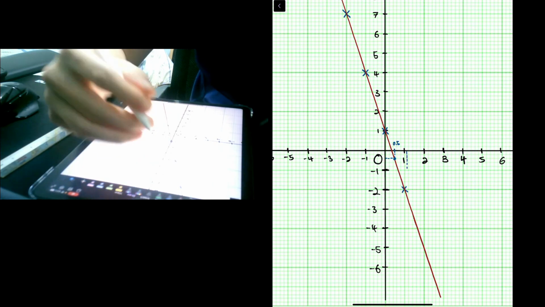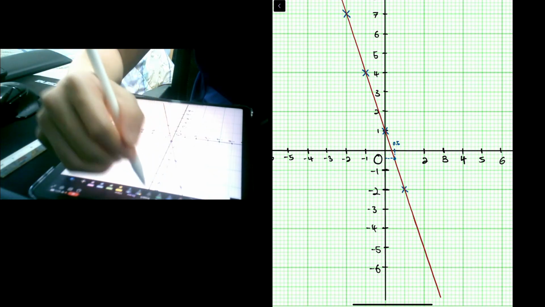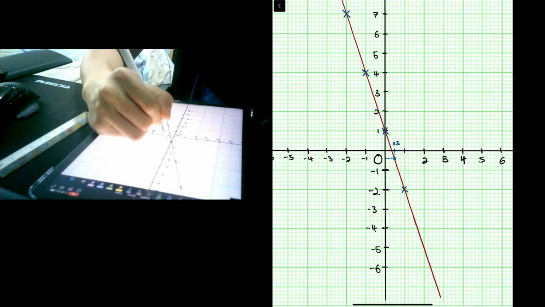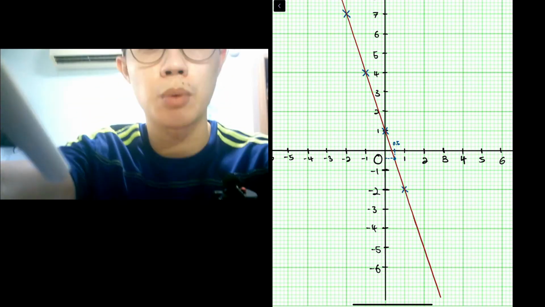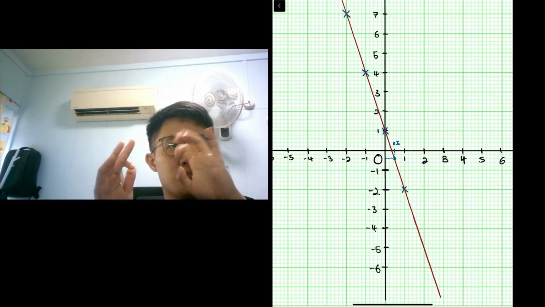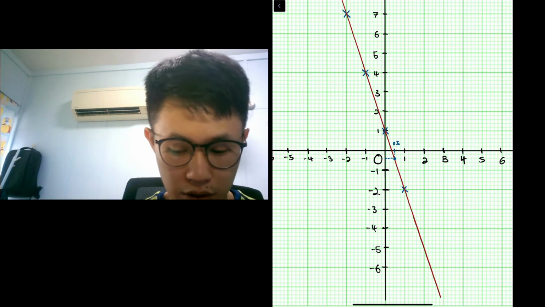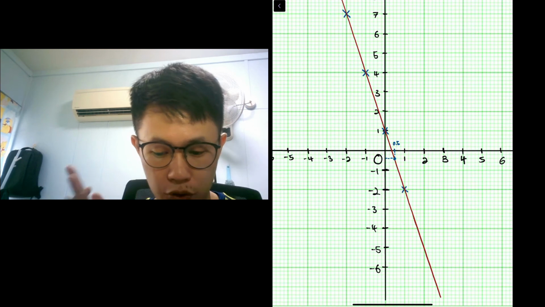So for every 1 cm there are about 5 boxes. If you divide them properly, every 0.2 centimeters is about 0.2 units.